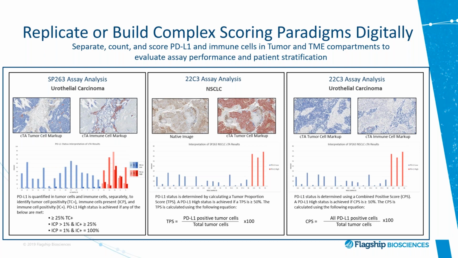The data can then be processed using the traditional formula associated with each antibody and each indication, and basically reproduce completely the outcome of the traditional manual assessment, except that we're going to do that with better accuracy and better precision.